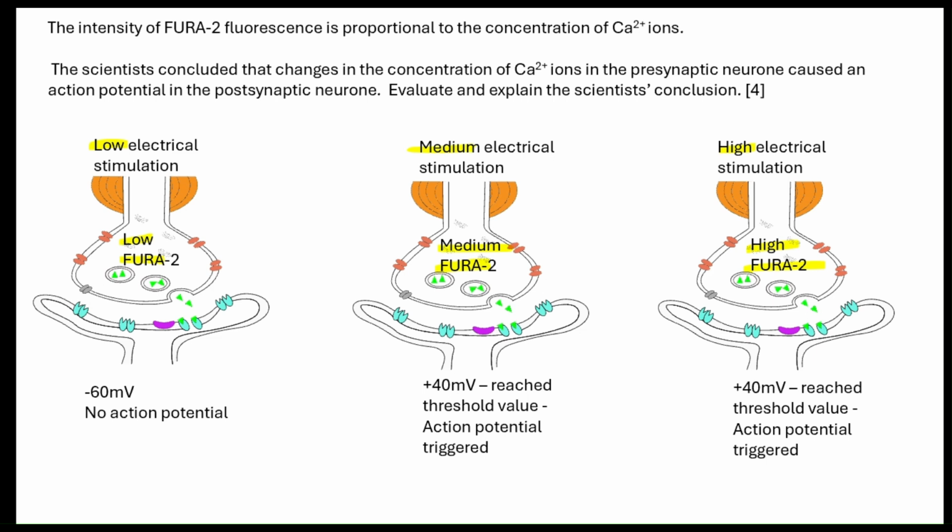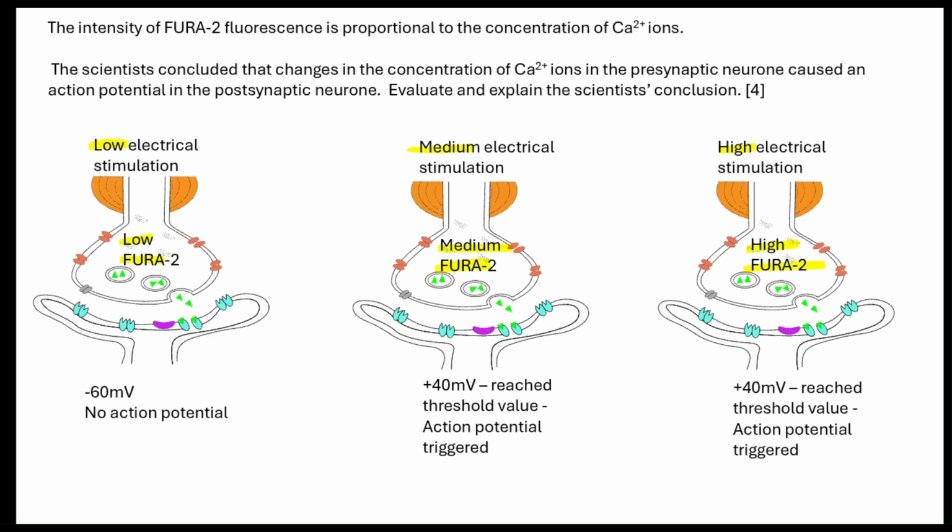So an action potential in the presynaptic neuron causes the calcium channels to open. Calcium is going to move in, and that calcium moving in is going to cause the release of the neurotransmitter. That neurotransmitter is then going to bind to the postsynaptic membrane, and it is going to depolarize the membrane of the postsynaptic neuron.